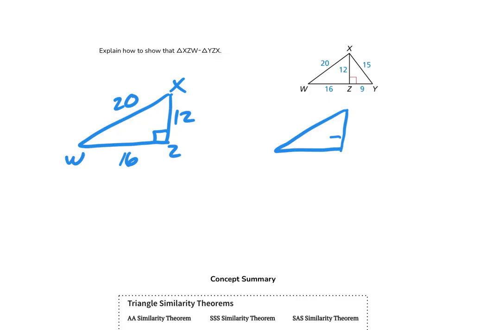That is where Z is at. Okay, this side right here would be ZY. And we know ZY is 9. We know this side over here is XY. It would be 15. And then that makes this side down here 12.